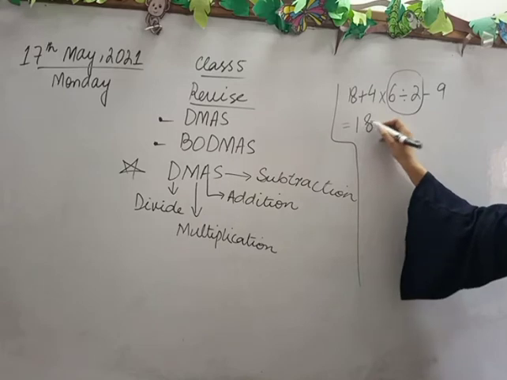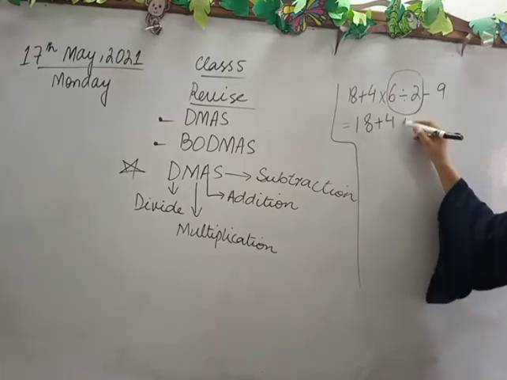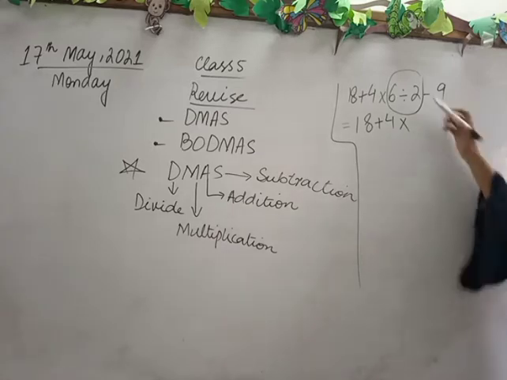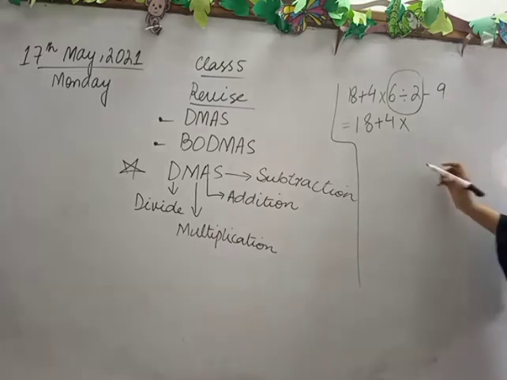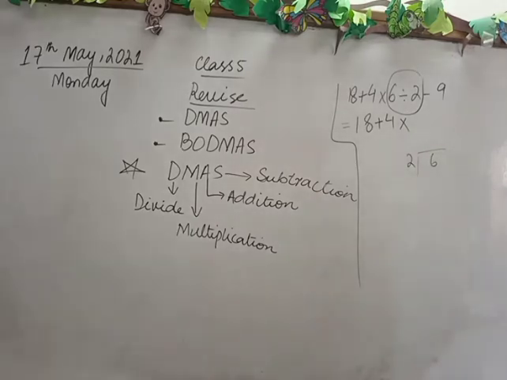So 18 plus 4 as it is. Fine. Then multiplication sign class. We will solve 6 divided by 2. 6 पे divide क्या हो रहा है? 2. So we will place 6 inside the division and 2 is outside the division. Isn't it class? Okay.